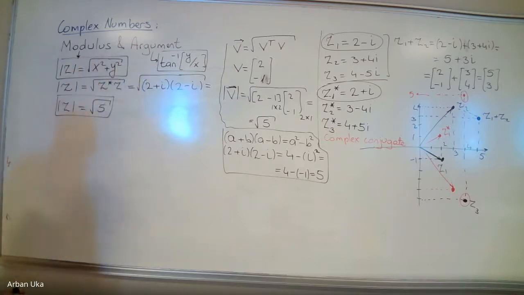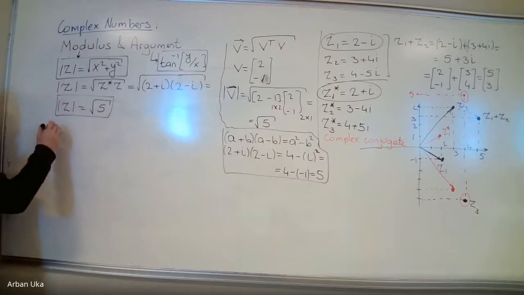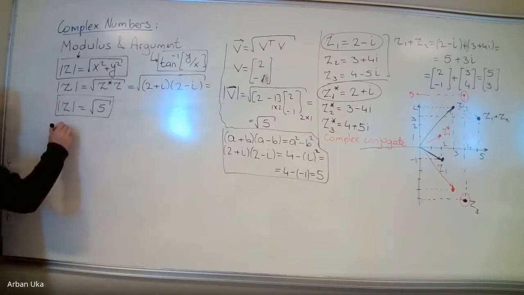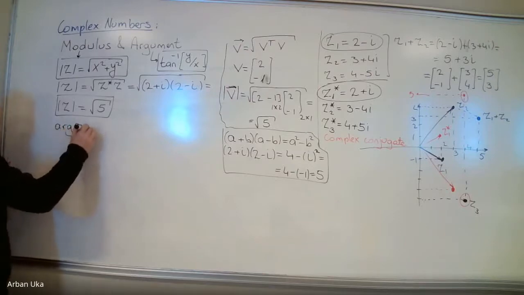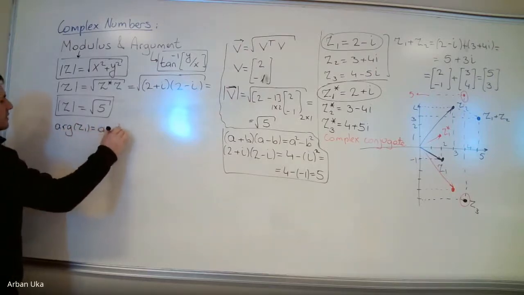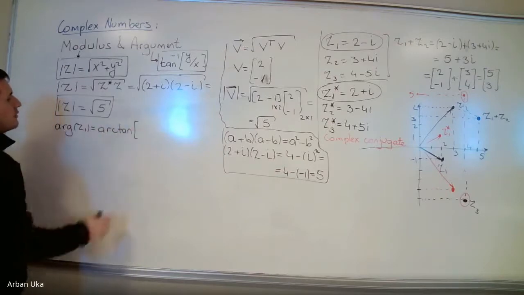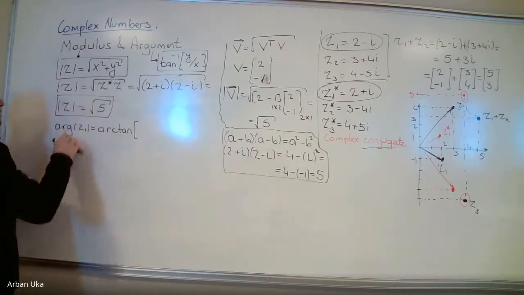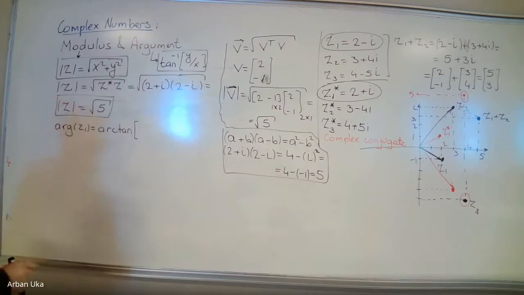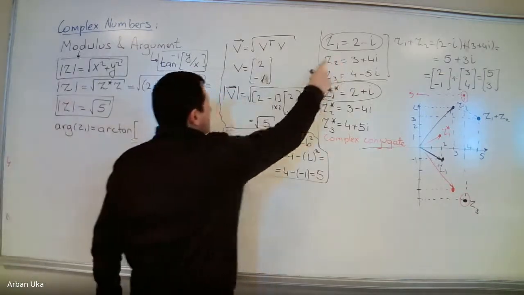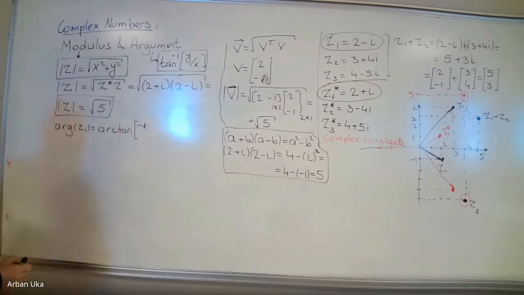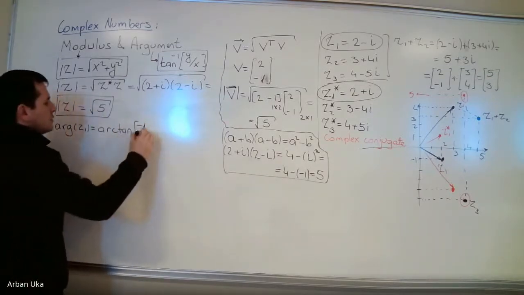So if we consider the argument for Z1, this will be equal to the arctangent of y divided by x. What is y here? Because we are discussing this number, y is minus 1, and we divide by x, which is 2.